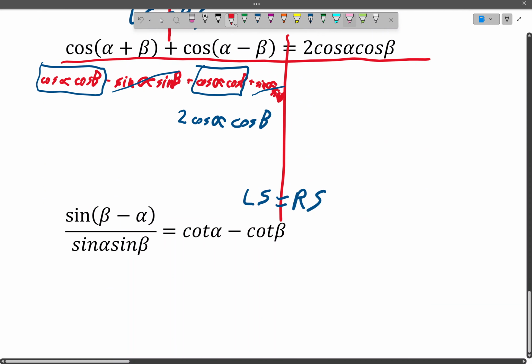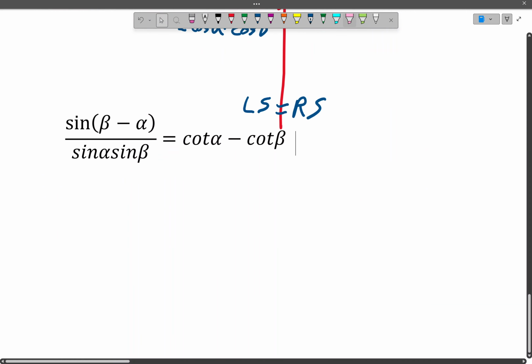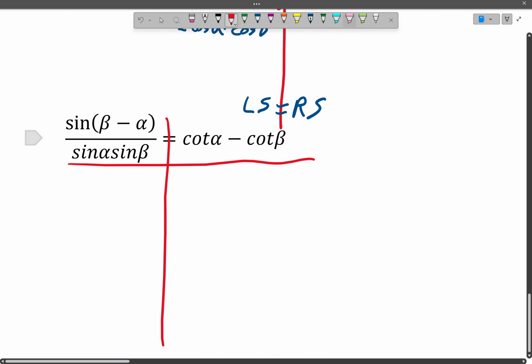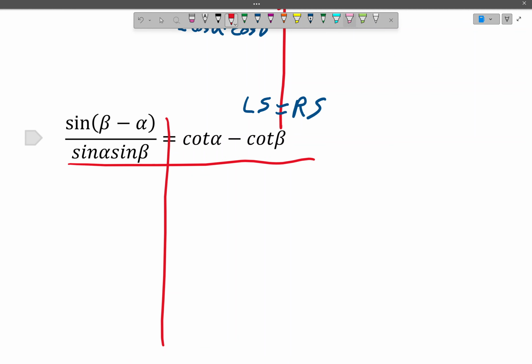All right. One last identity to solve, or to prove, I should say. It's this one right here. Now, let me just say that we always want to take any reciprocal functions and change them into regular functions. In this case, we have cotangent in two places on the right.